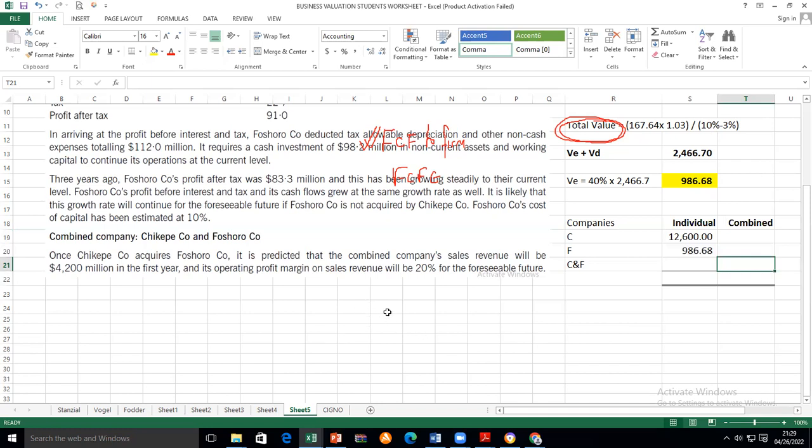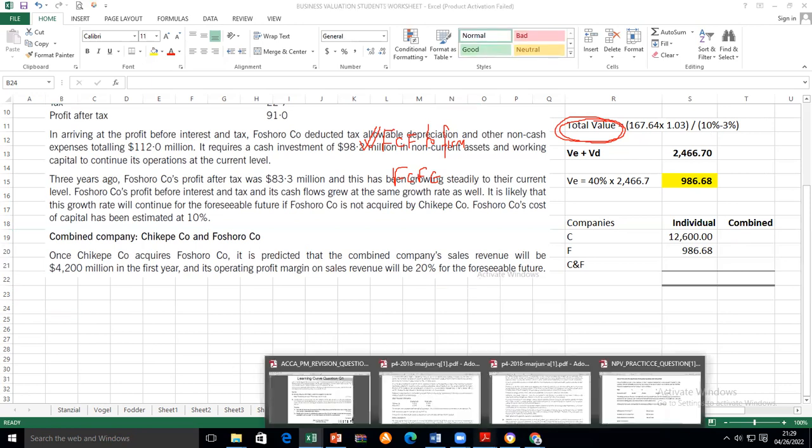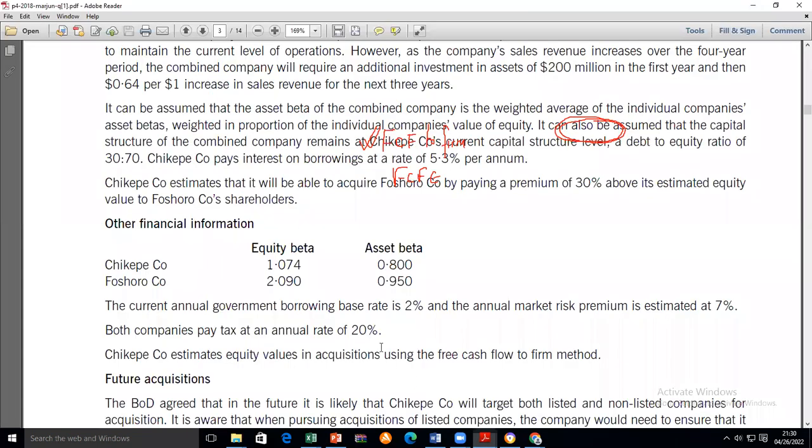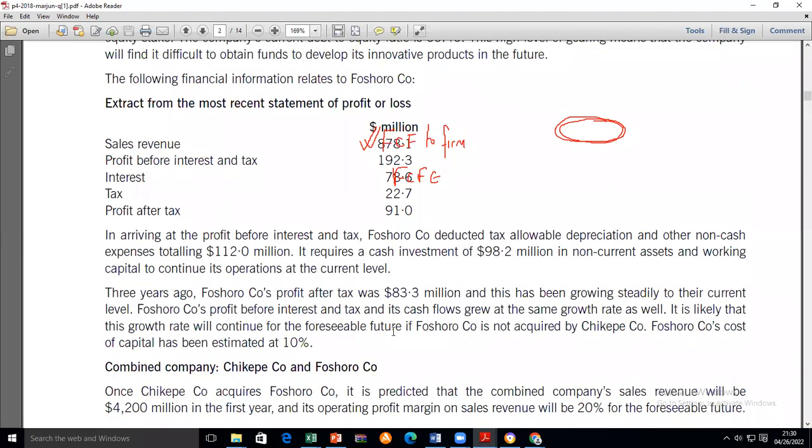Mr. Piri. Yes, please. Another confusion I had when calculating the beta was using 40 over 12,600. But I saw that it's not anywhere in the solution. Which 40? The 40 that you have used, the 40% of 246, but my line of reasoning was 40% of 12,600. It's here.